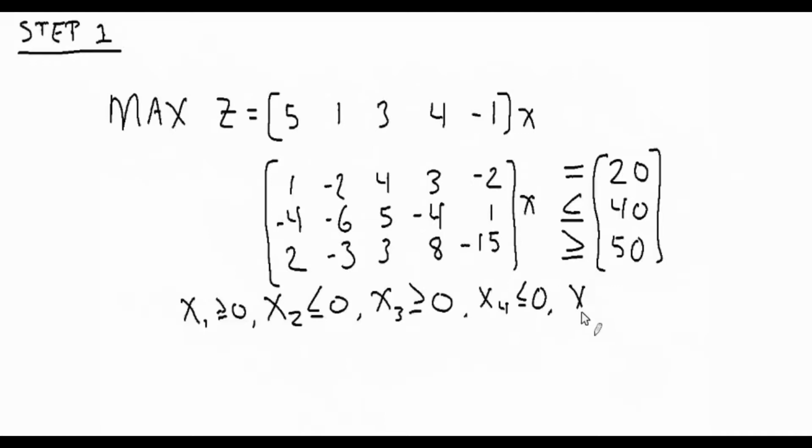And x sub 5 is greater than or equal to 0. That's our linear program in what I call pseudo-matrix form.